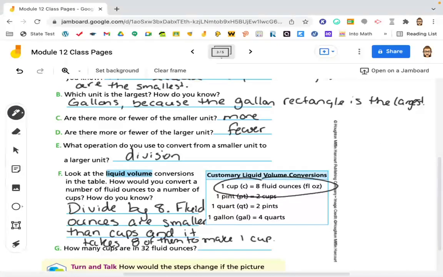So how many cups are in 32 fluid ounces? Well, we would do 32 divided by 8, which would give me 4. So we would have 4 cups.